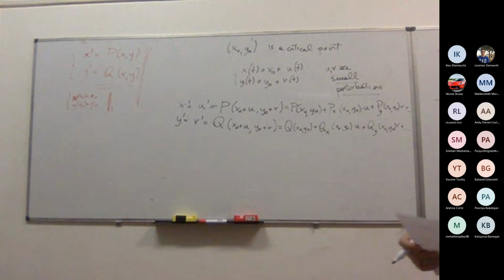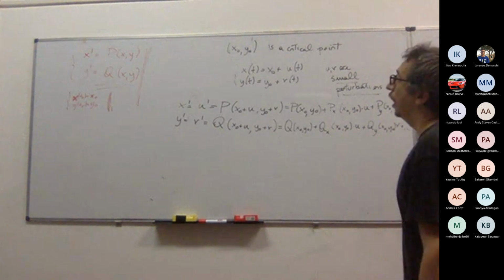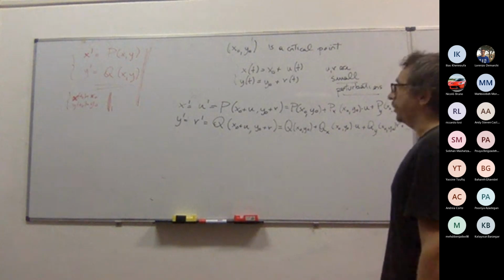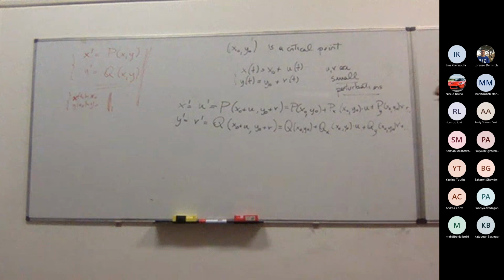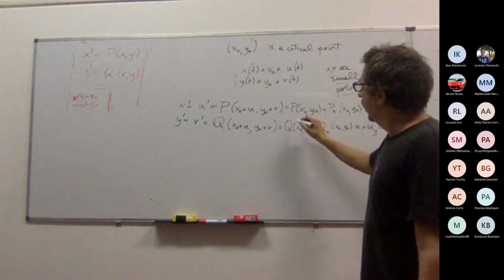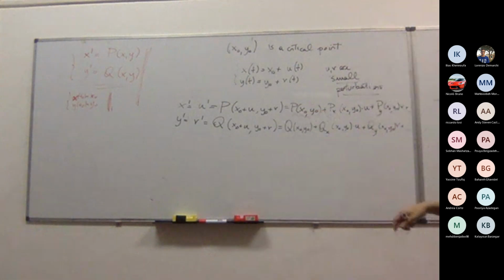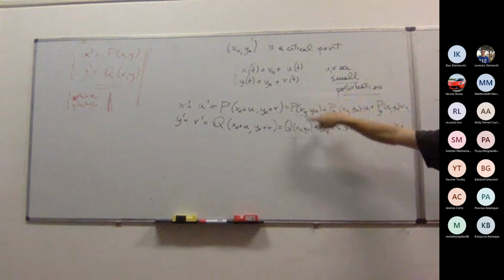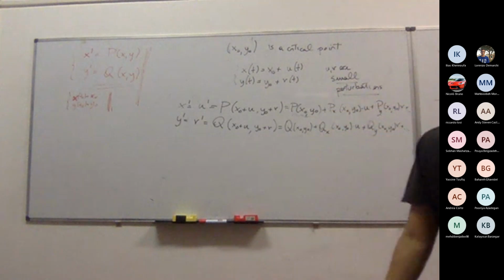Now, a question. This is something that you should remember. How much are these two quantities, P of x naught, y naught, and Q of x naught, y naught?